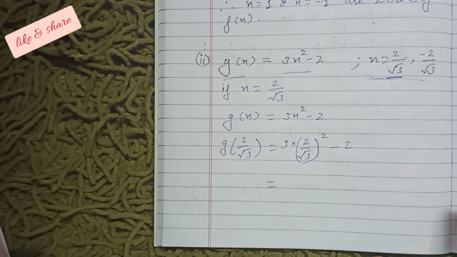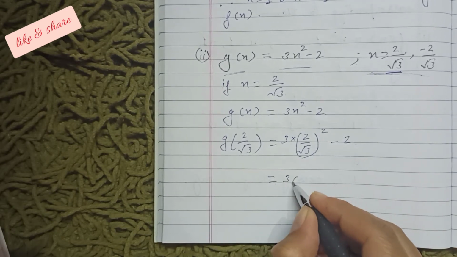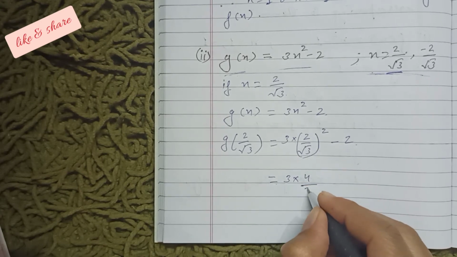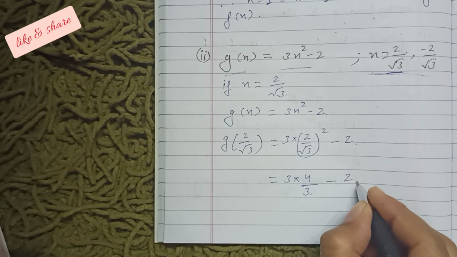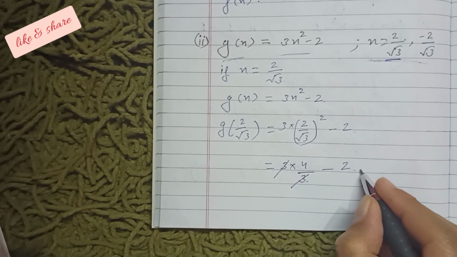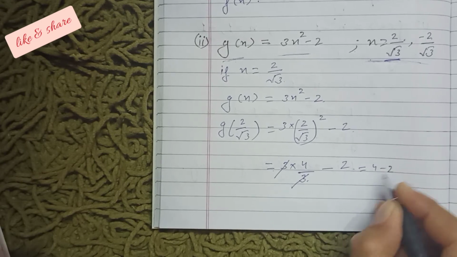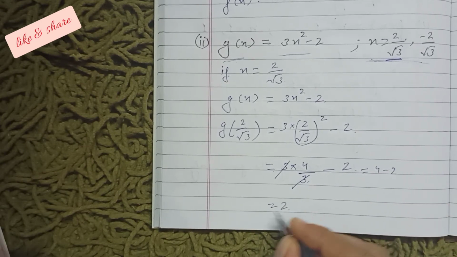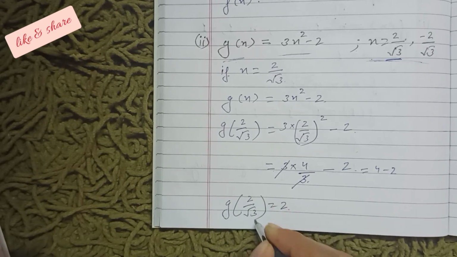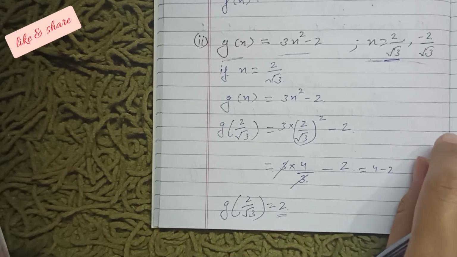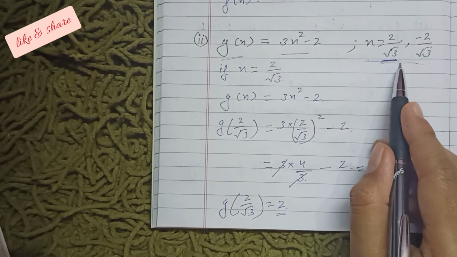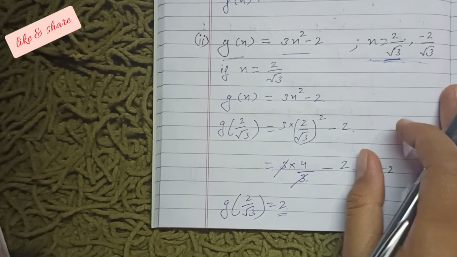It will become 3 into, on squaring, 2 square is 4 and root 3 square is 3, minus 2. This 3 and 3 will be cancelled out and we will get 4 minus 2, that is equal to 2. It means g of 2 by root 3 is equal to 2. Since it is not equal to 0, hence 2 by root 3 is not a 0 of the polynomial.